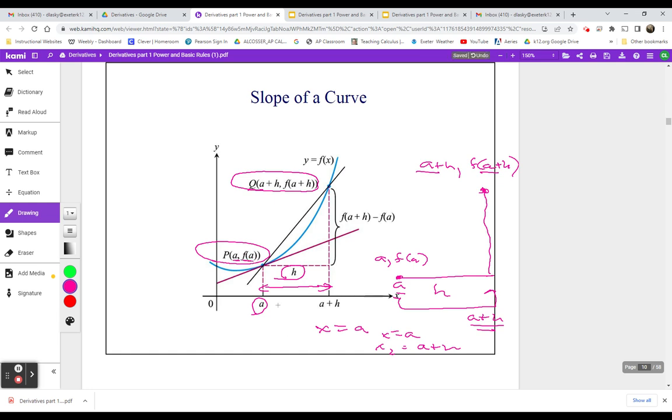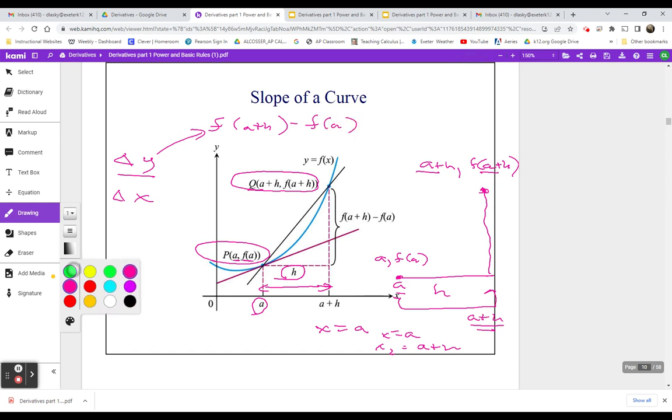All right, so what does all that mean? Remember, this is slope, right? So I want to find the slope at these two points. Slope is the change in y over the change in x. So what's the change in y? It's going to be f of a plus h minus f of a.